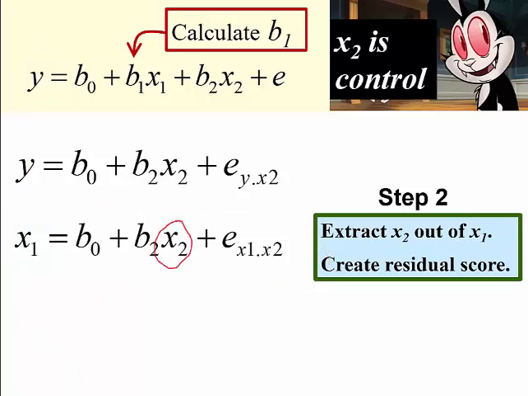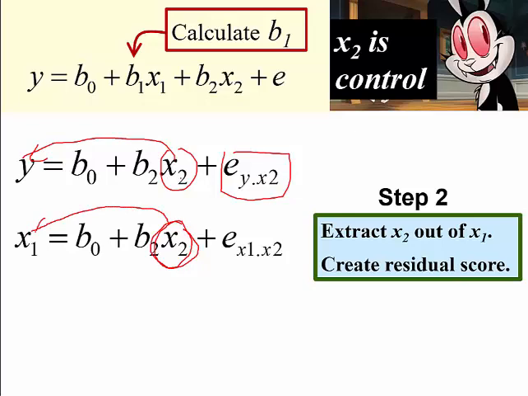That's my control variable. So what we just did, we used x2 to predict y, and we extracted x2 out of y. We got that residual for y controlling for x2. Now I'm going to use that same control variable, the same perpetrator, but this time the victim's different. This time the victim is x1. I'm going to use my control variable x2 to predict x1 in a regression equation.